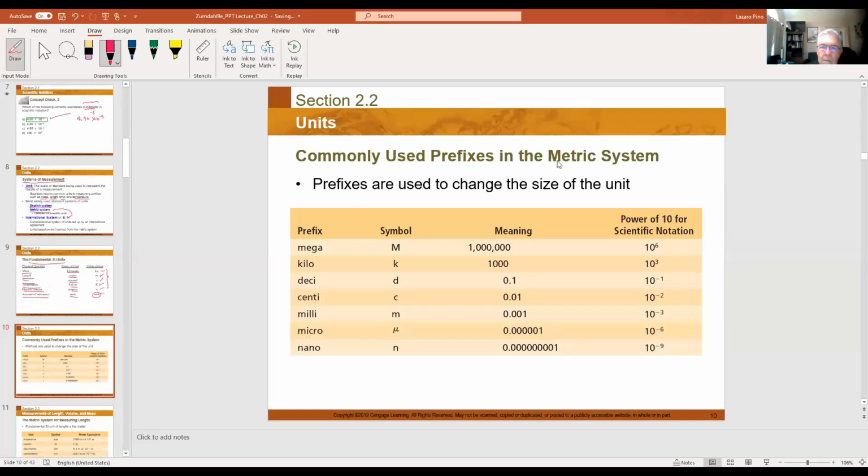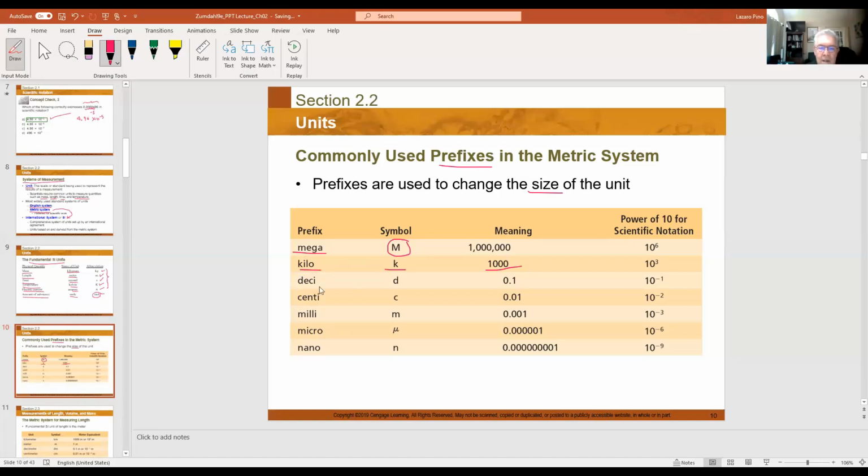The prefixes in the metric system will change the size of the unit. For example, a million uses the symbol M, capital letter, that represents mega. 1,000 uses the prefix k, that represents kilo.